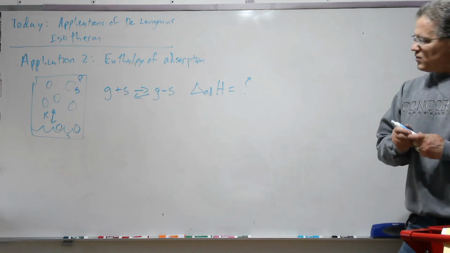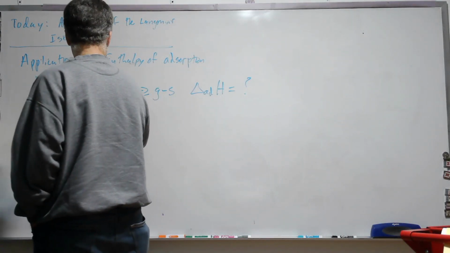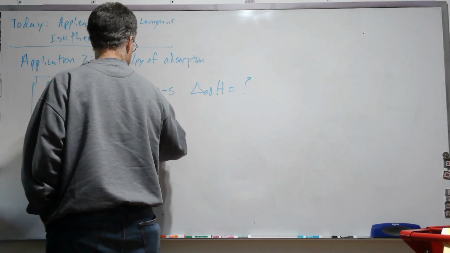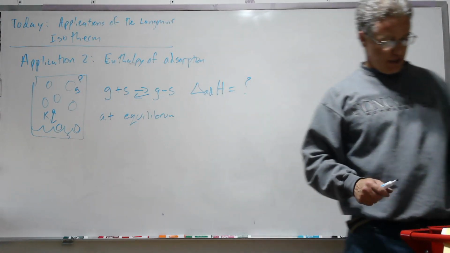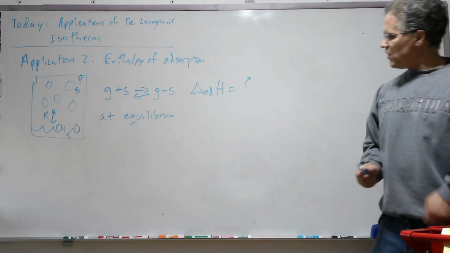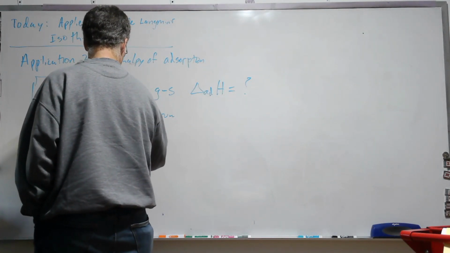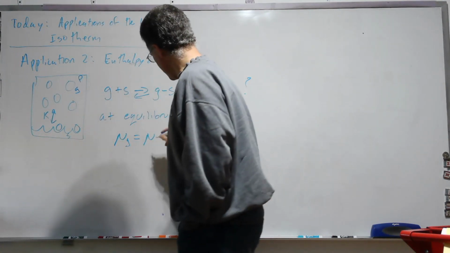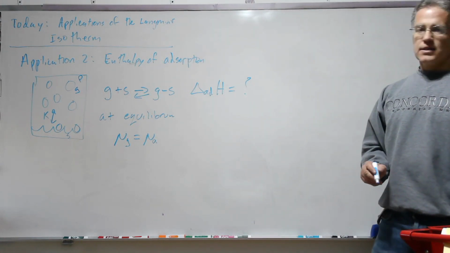Okay, well, this is equilibrium. So at equilibrium, the chemical potentials are equal. So we can express the chemical potential for the gas and the chemical potential for this GS. I'm going to write that as A for the adsorbed compound.